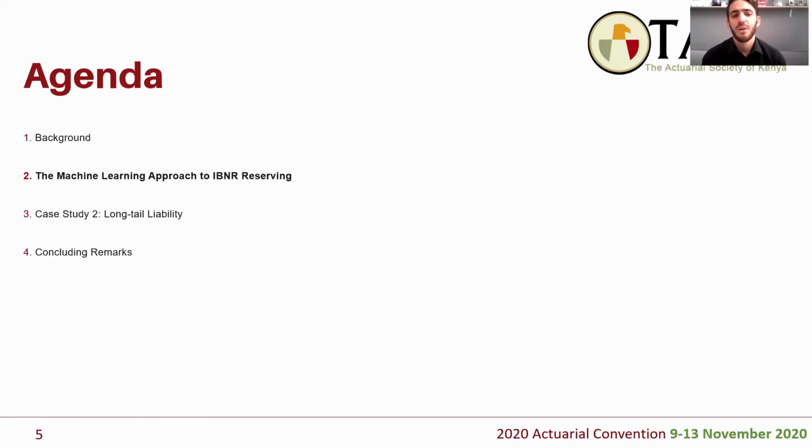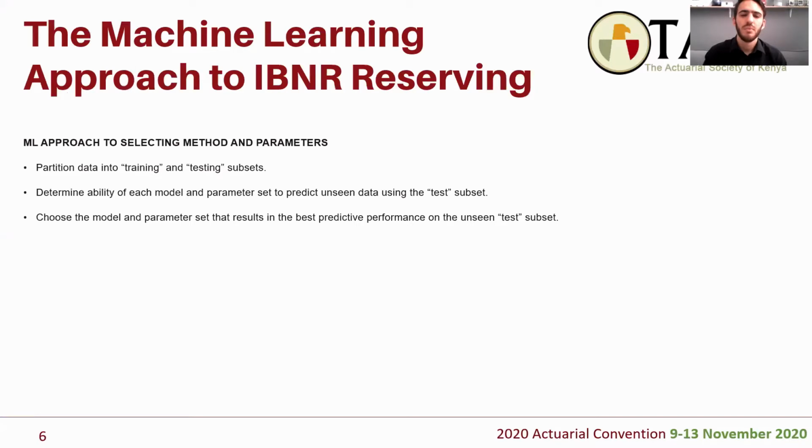So now we'll just jump into the main idea of our paper, the machine learning approach to IBNR reserving. So the ML approach to selecting methods and parameters: when you're fitting a standard machine learning model, what you would typically do is take your training data and split it into a training and a testing subset.